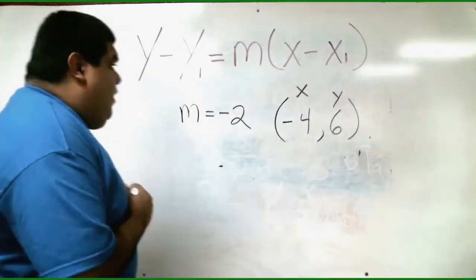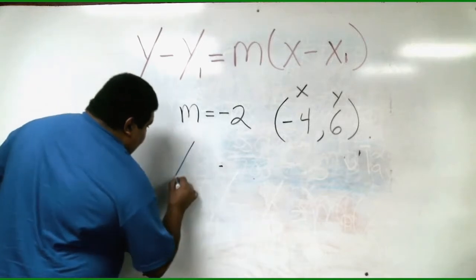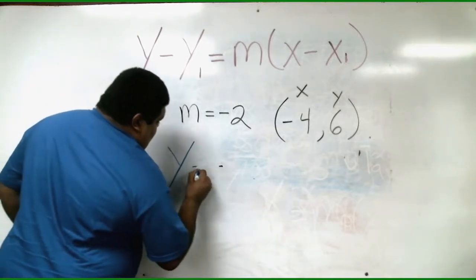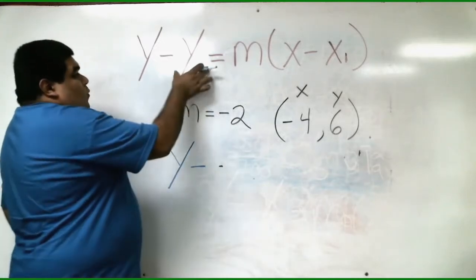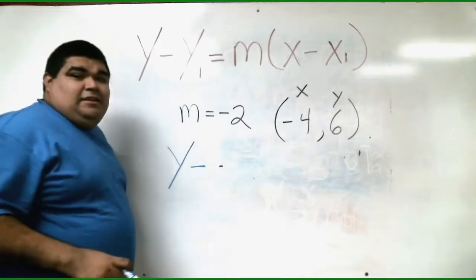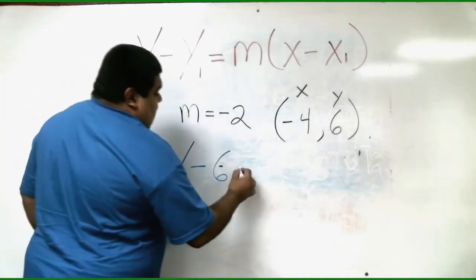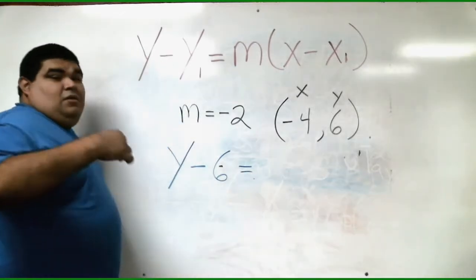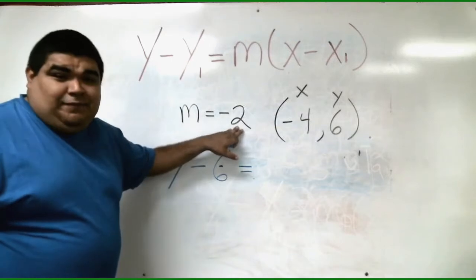So we have y, because it's just a regular y. So we have y minus, because the equation is minus, y1. According to our y, our number to plug in is 6. Equals our m, or our slope, which is already given to us, which is -2, right?